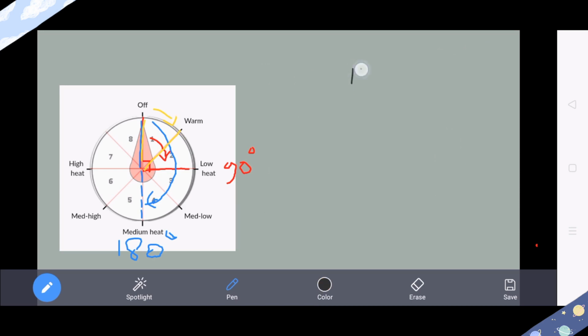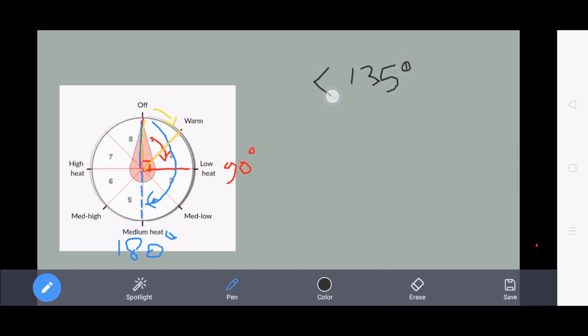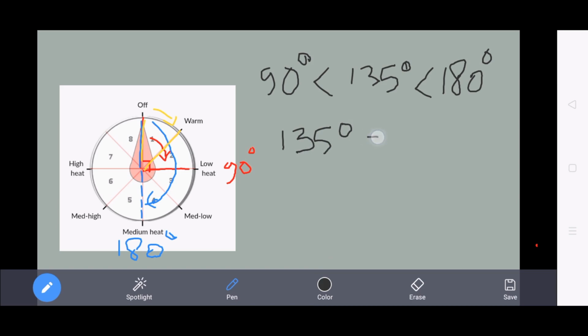And now for 135 degrees. We know 135 degrees is greater than 90 degrees but less than 180 degrees. If we calculate, 135 degrees is the same as 90 degrees plus 45 degrees.